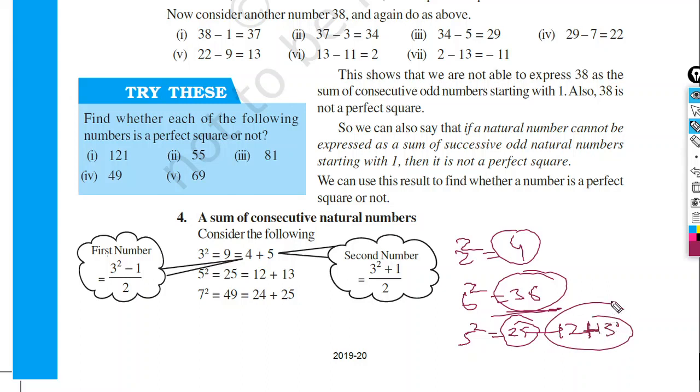So here you can say in general, consecutive natural numbers means the square of an odd number.